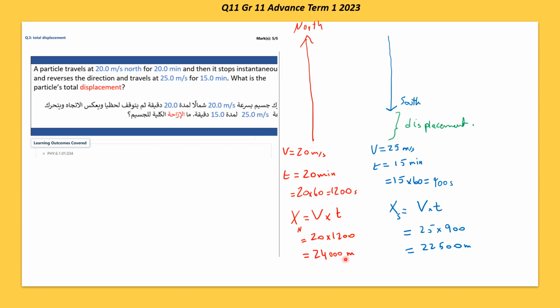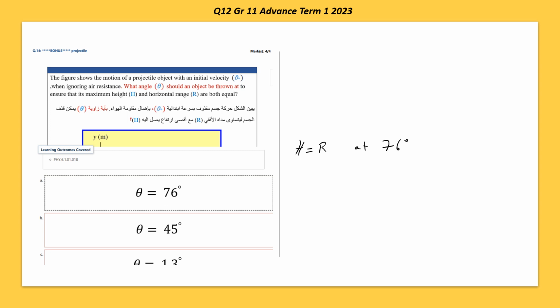You can see the difference in the distance traveled. Here it's 24,000, here it's 22,500. So displacement, as you see here, it's the difference between the two. The difference means the negative. Okay, so the answer is 1,500 meter, which is 1.5 kilometer, and this is the correct answer.